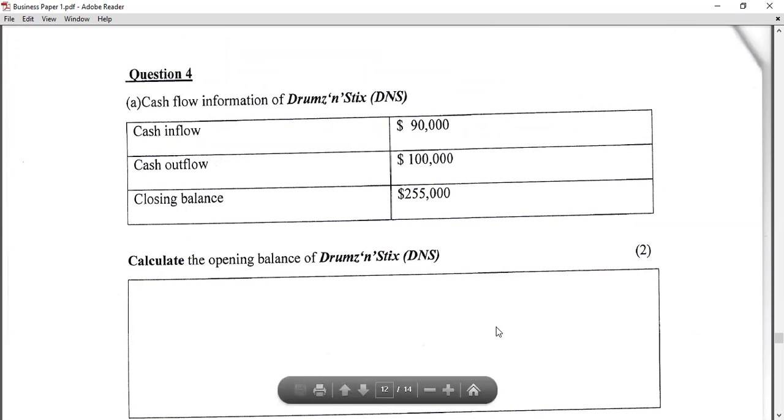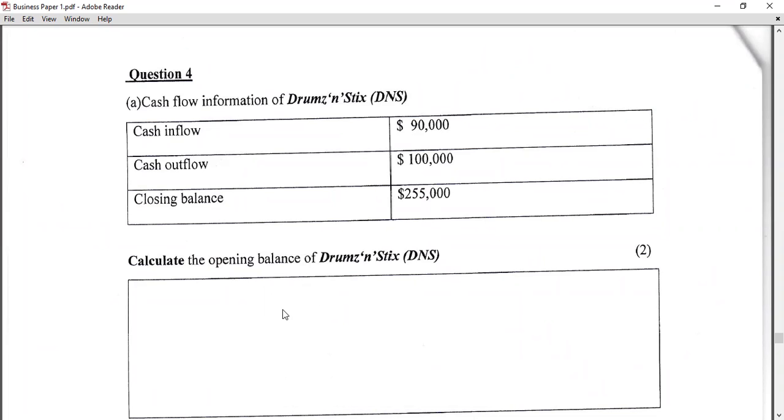I got the answer from 2 students in the chat, and both answers are correct. The answer is 265,000 US dollars. How did we get that? If we take the opening balance as X, then opening balance plus net cash flow of minus 10,000 gives X minus 10,000 equals 255,000.